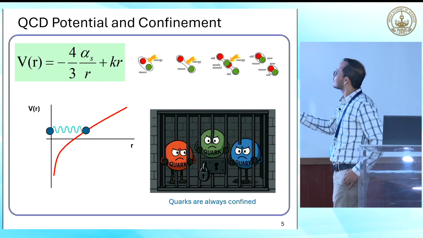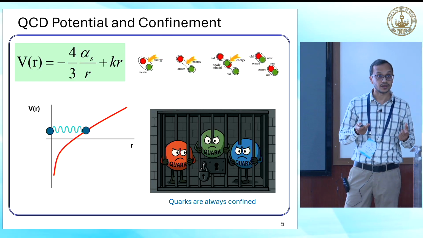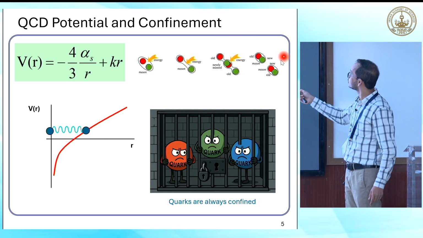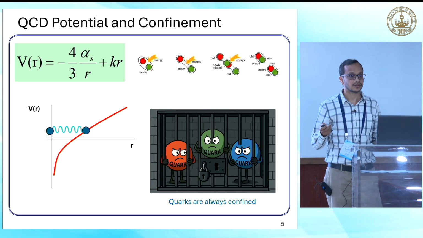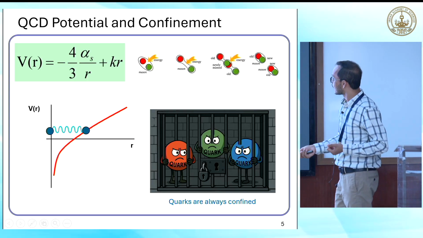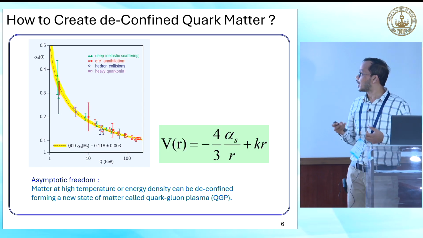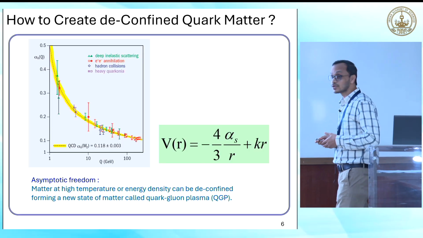This energy gets converted into mass, which will create a new quark-antiquark pair. So eventually, you started with 1 meson and you end up with 2 new mesons. You don't get an isolated free quark. So the quarks are always confined within the hadrons, and we are interested to study a matter where quarks are deconfined. So how to do that?